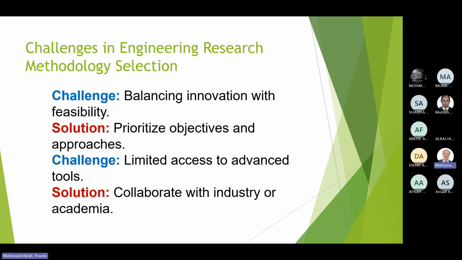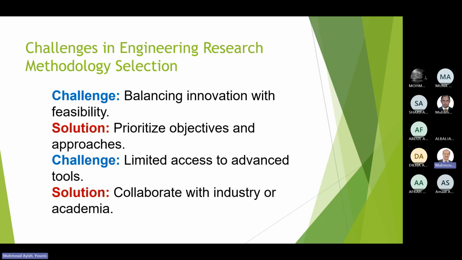Challenges in engineering methodology selection. Sometimes we have challenges while doing the research methodology. One of the challenges is balancing innovation with feasibility. Sometimes I want to create something, I want to do something, but it's not feasible. How to deal with this matter?